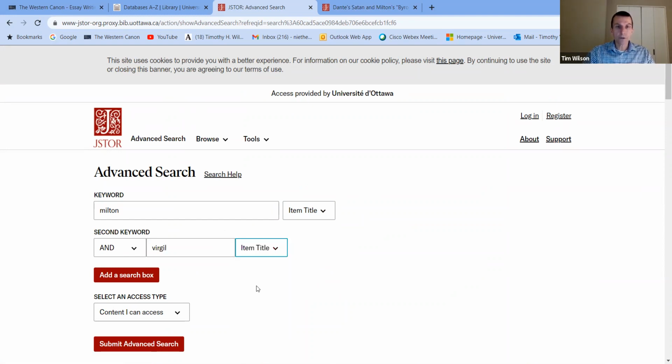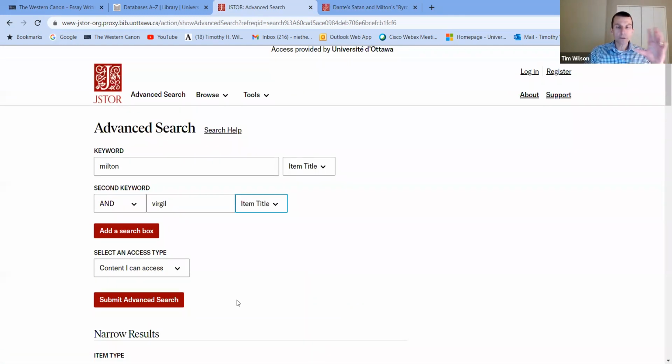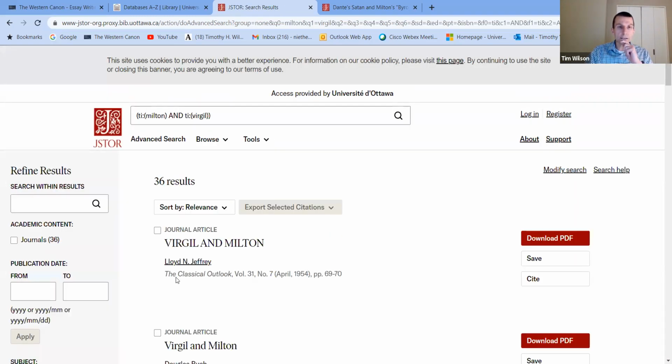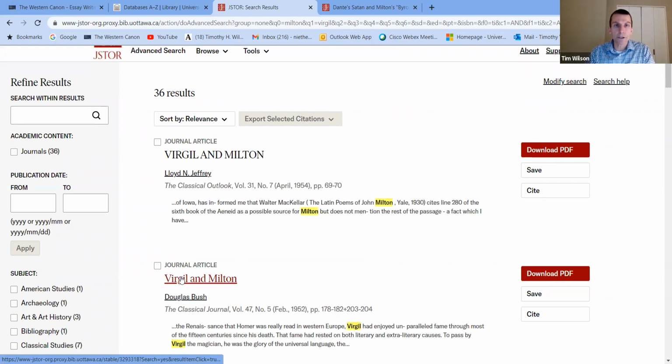Are there articles that are of interest that are looking at both Virgil and Milton? If you get them both in the title, you're going to be pretty sure that that's going to be the main focus of that article. And we get, okay, that's a fairly manageable search. If you get a search that's in that range, that's pretty good.